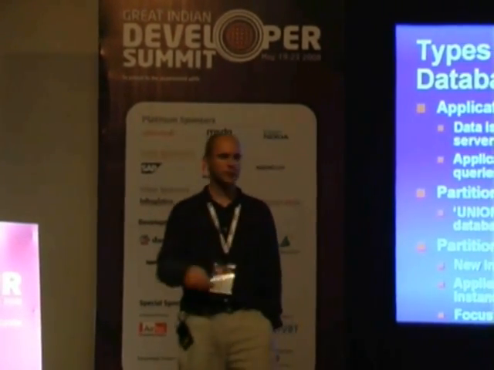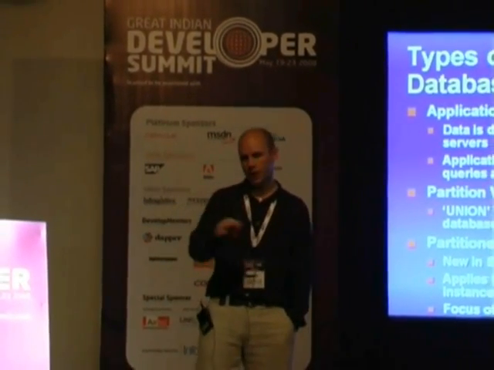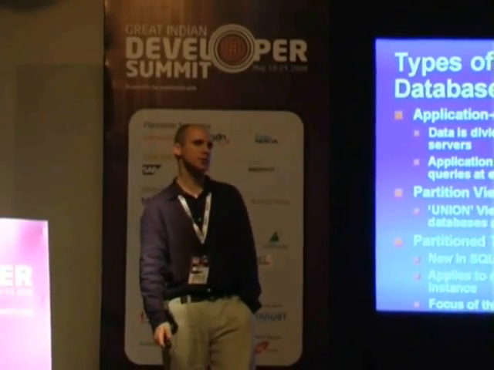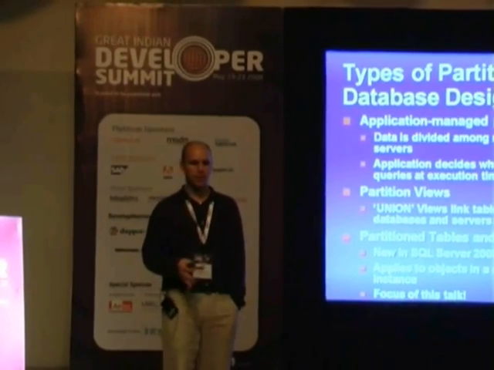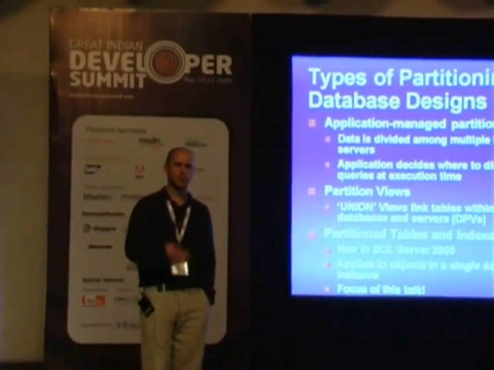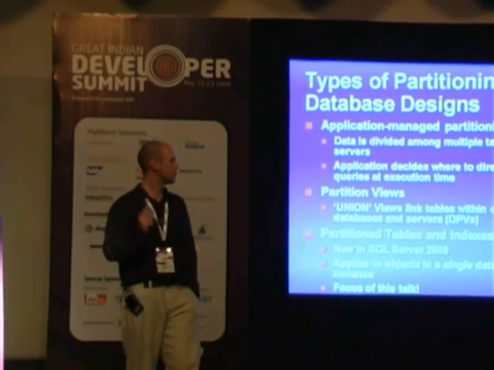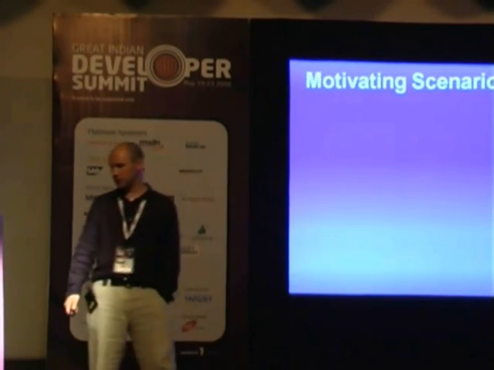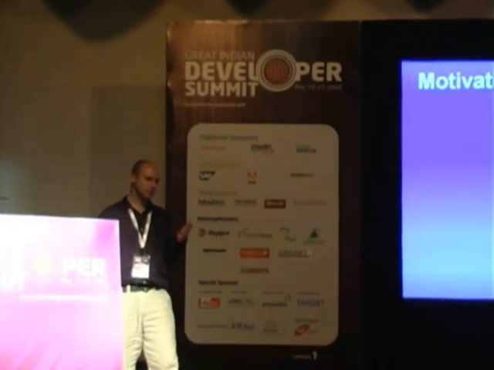This is what we're going to focus on pretty much throughout this talk. We are going to talk a bit about partition views and how to compare and contrast the different technologies, because there actually still is a usage niche in SQL 2005 and beyond for distributed partition views that partition tables and indexes just won't touch.